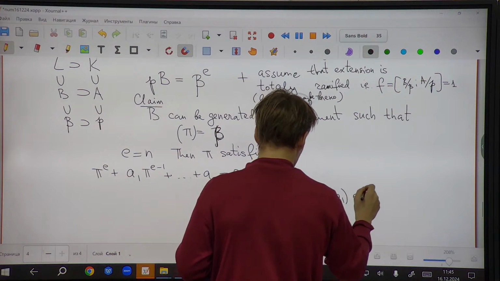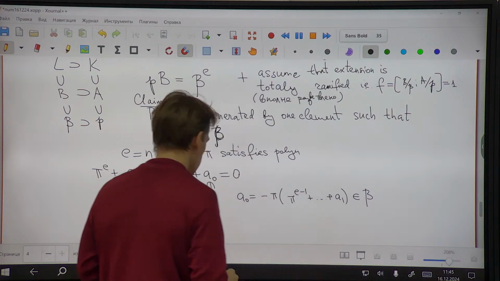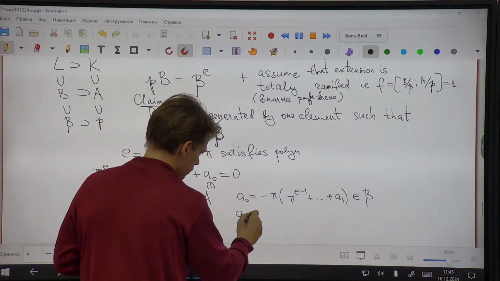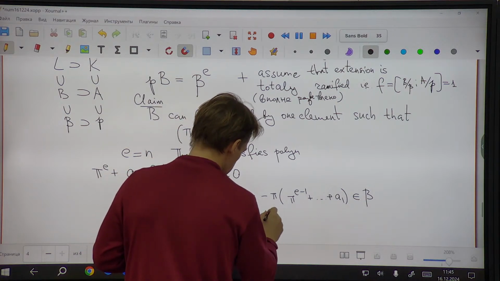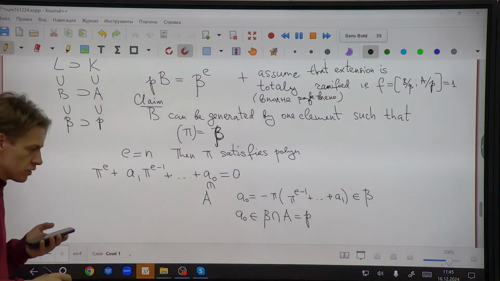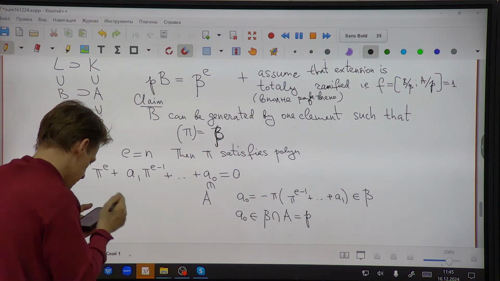So this belongs to beta, which means that a0 belongs to beta intersection with A, which is P.